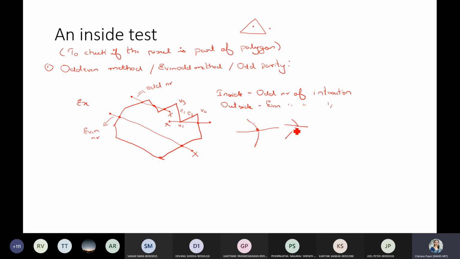So we are going to consider it as an odd number, whereas here you are going to consider it as even. Sorry, it's the same diagram. So here we can consider it as an even number of intersections, and here we can consider it as an odd number of intersections. Is it clear?